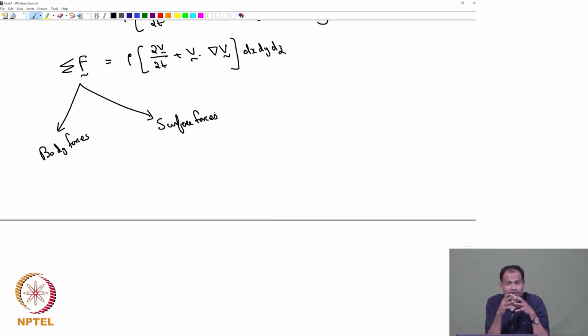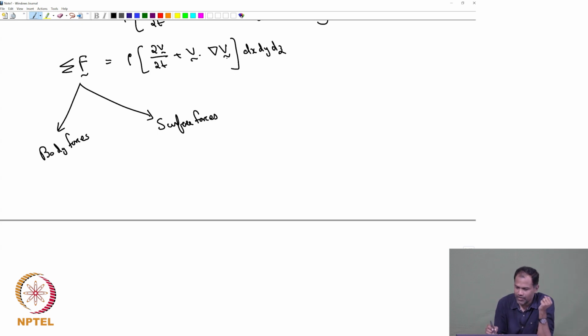When I say body forces, it is an external force that depends on the volume of the fluid element that you are looking at, and one such force, for example, is gravity. Gravity depends upon the amount of fluid that you are looking at.